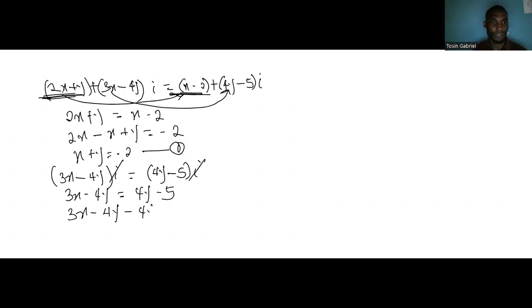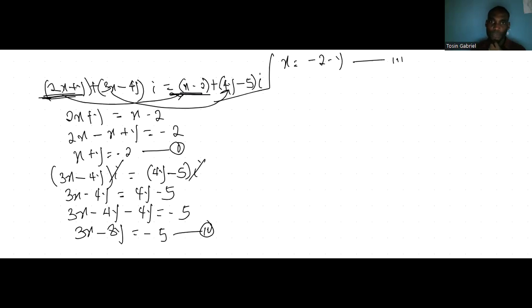Then you have 3x minus 8y equals minus 5. So that's a simultaneous equation. From equation 1, you can simply say that x is equal to minus 2 minus y. Then you put this into equation 2.